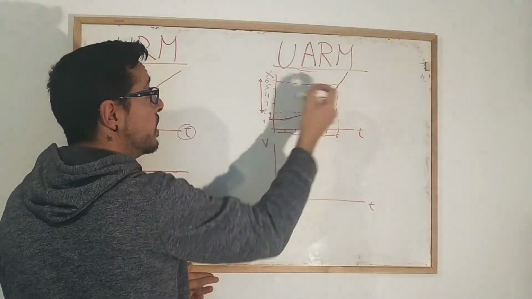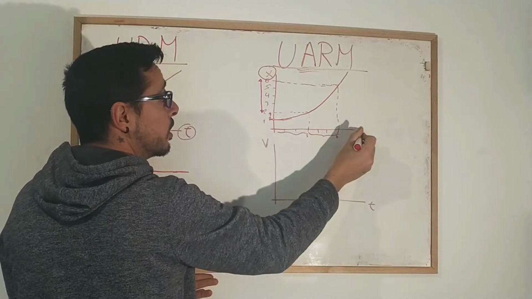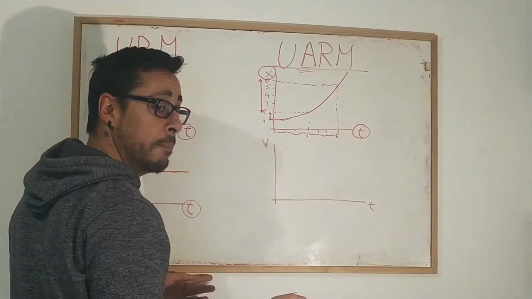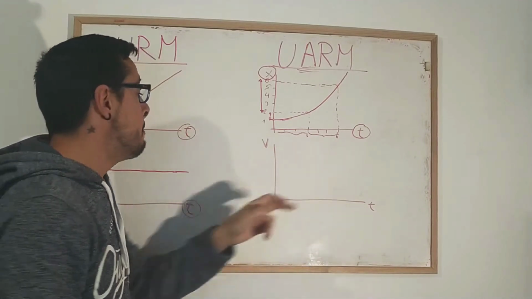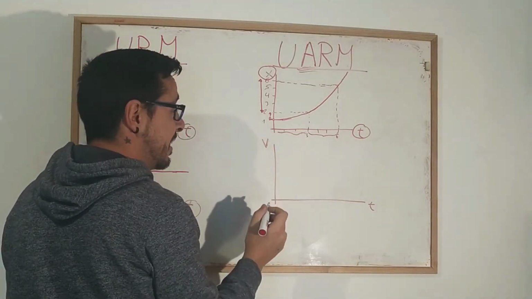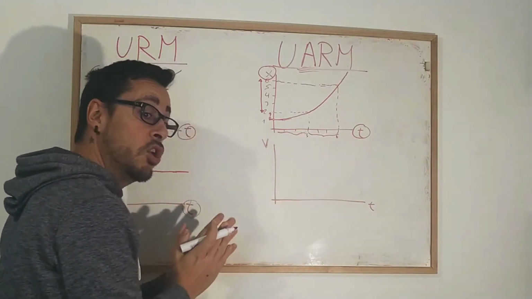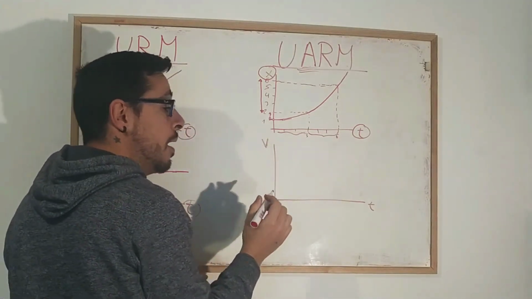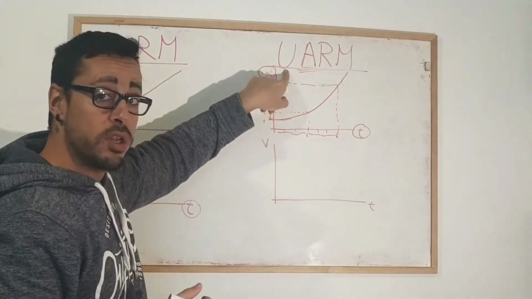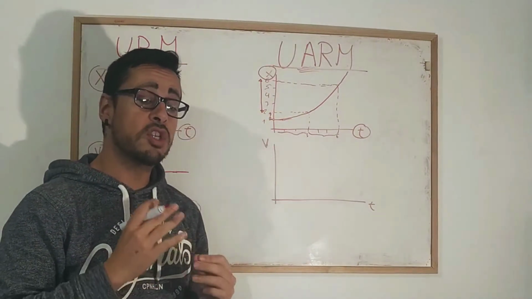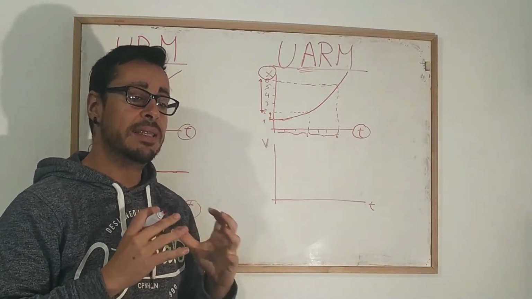This is what we see in the position time graph. And if we go to a speed time graph, you are going to see that the speed is going to increase, but it's uniformly accelerated, so acceleration is going to be always the same.